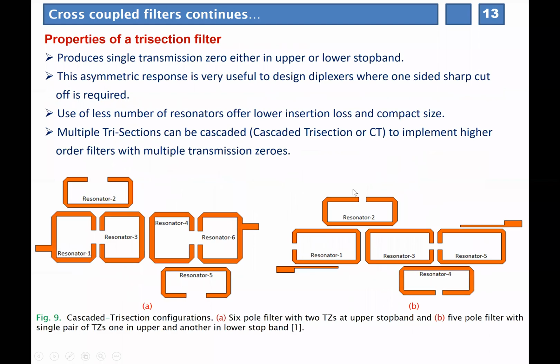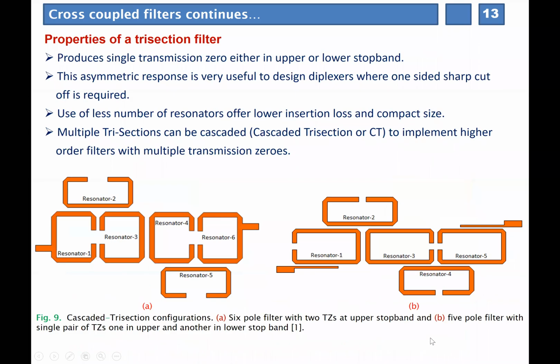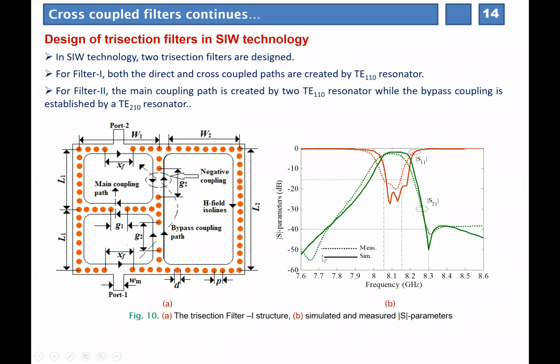You see, the structure is like this. So here it is at the lower stop band, but when we are implementing it in SIW, you will get a higher stop band. That is simply because of the difference of phases between that microstrip line resonator structure and these SIW or waveguide type of resonators.